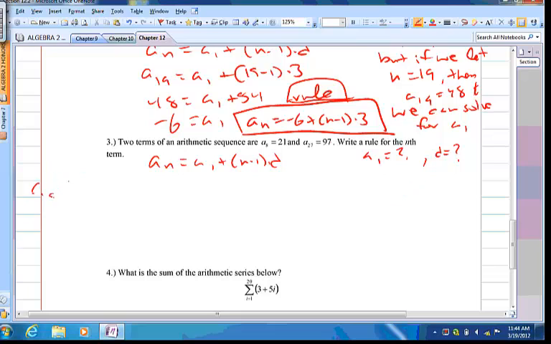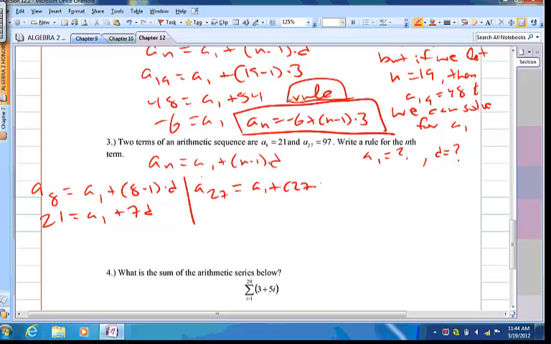So A8 equals A1 plus 8 minus 1 times D. We know A8 is 21, so 21 equals A1 plus 7D. Also, A27 equals A1 plus 27 minus 1 times D. A27 is 97, so 97 equals A1 plus 26D.